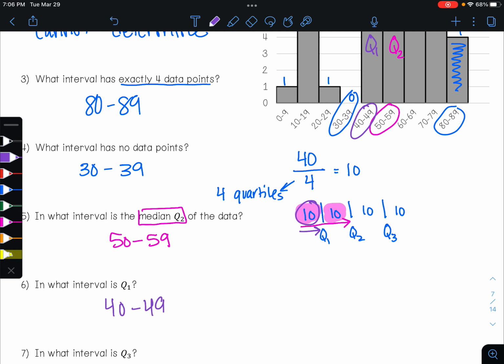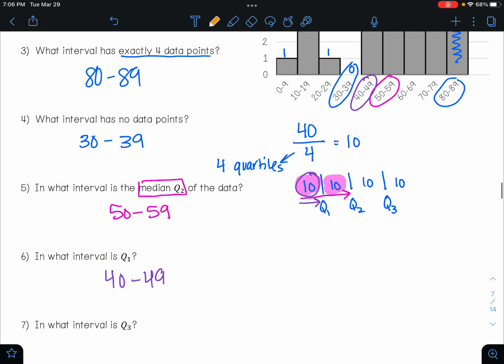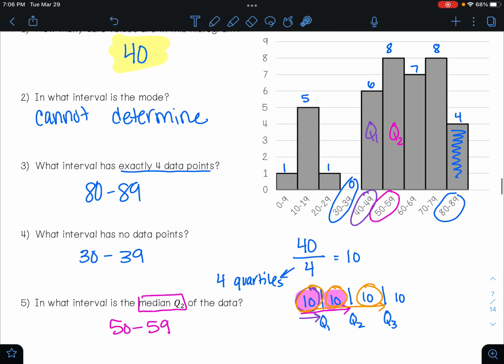And then if I want to find Q3, I'm going to start at the beginning and go to Q3. So I have to count 10 plus 10 plus 10 is 30. So 1 plus 5 is 6. 6 plus 1 is 7. 7 plus 0 is 7. 7 plus 6 is 13. 13 plus 8 is 21. 21 plus 7 is 28. 28 plus 8 is 36.